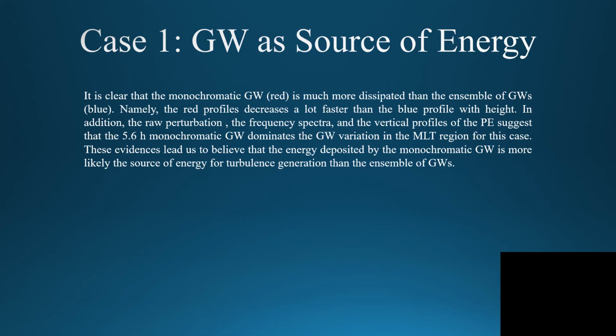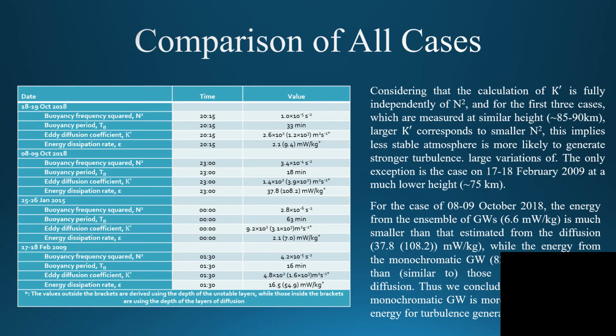So this evidence leads us to believe that the energy deposited by the monochromatic wave is more likely the source of turbulence generation.